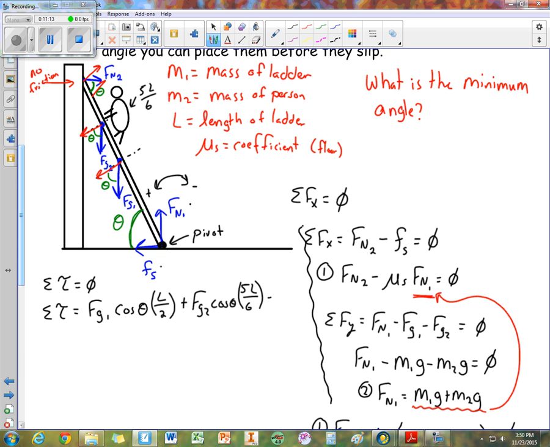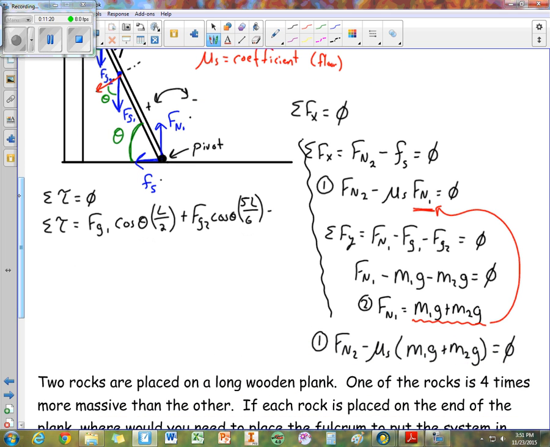Well, that would be the same as this right here. So notice that we can use the sine function to get that perpendicular component. So this last one will be the normal force Fn2 times sine of theta times L, because that's the entire length of the ladder. And that all has to equal 0.